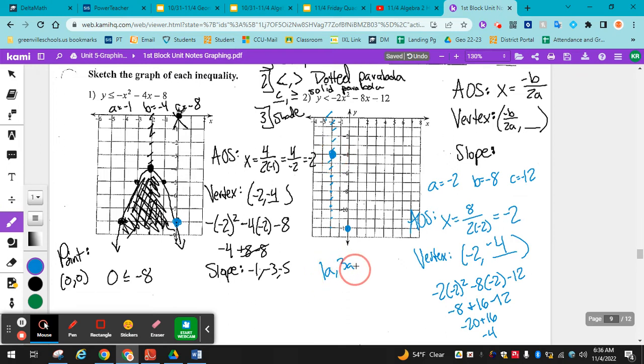A is now -2. So -2, -6, -5. So down 2, right 1. Down 6, right 1.